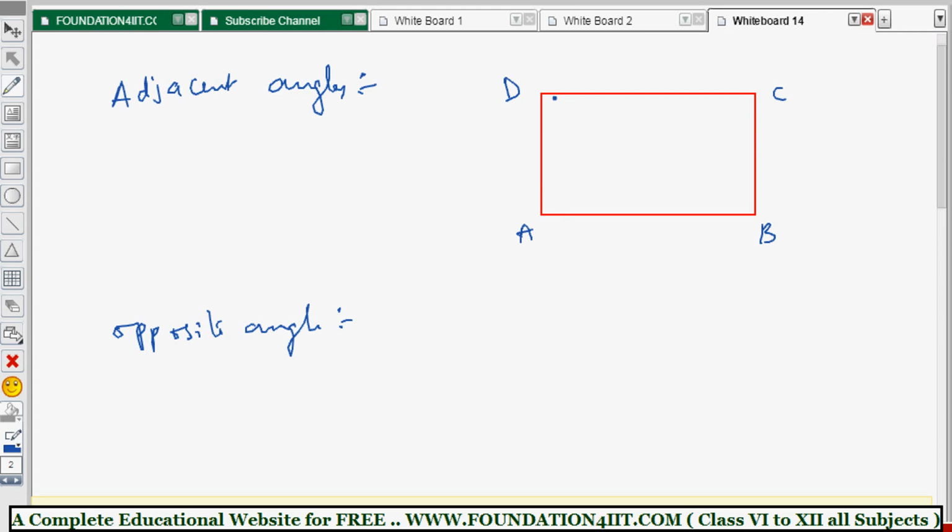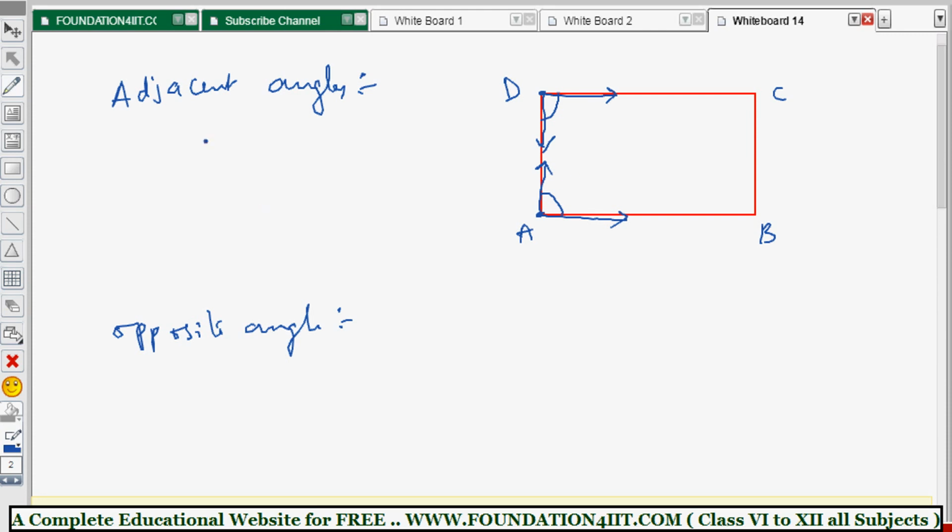So here angle A and angle D. Angle A is DAB and angle D is ADC. So AD is a common arm for both. When you see angle A and, from D, angle D, AD is common for both.